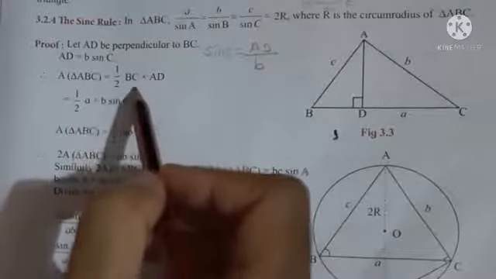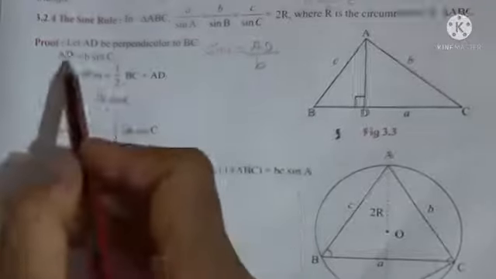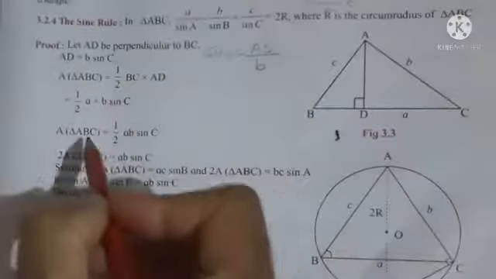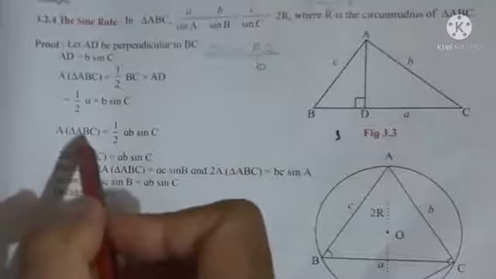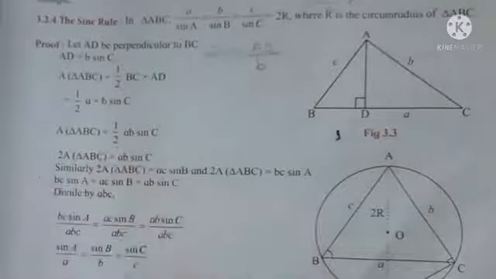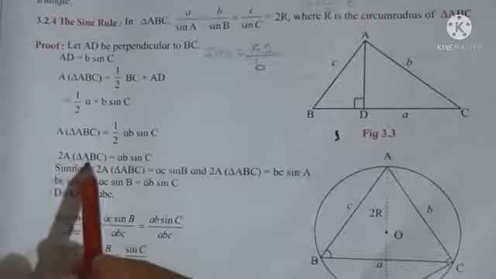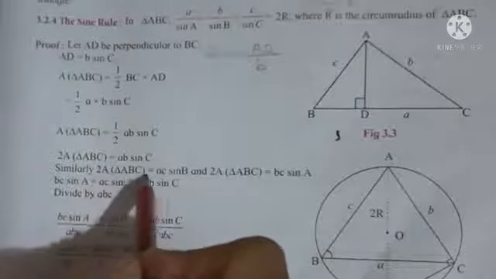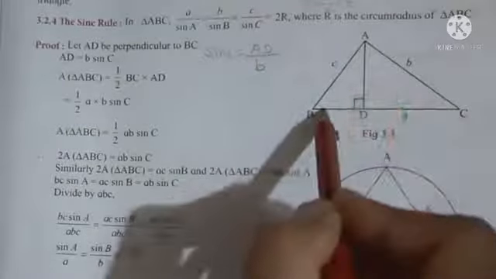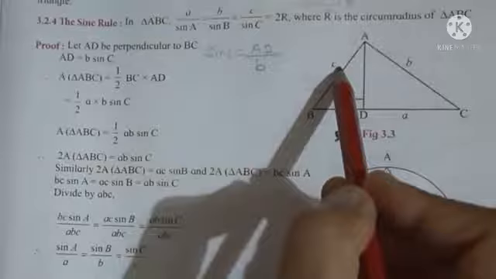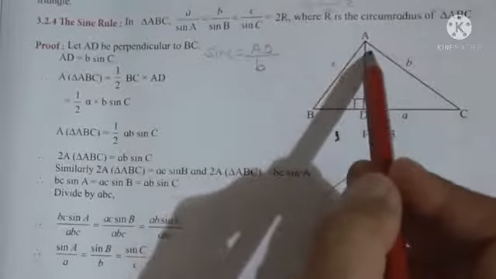Half into BC is a, and AD we calculated as b sin C. Taking 2 to the LHS, 2 times area of triangle ABC is equal to ab sin C. Similarly, if you take sin B, then 2 area of triangle ABC is equal to a into c sin B. And if we take sin A, then 2 area of triangle ABC is equal to b into c sin A.